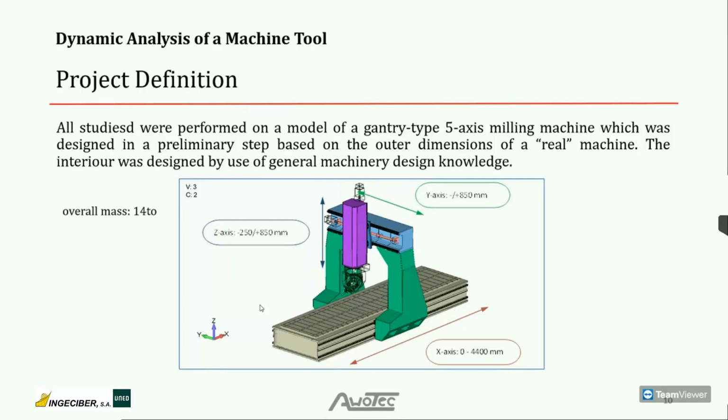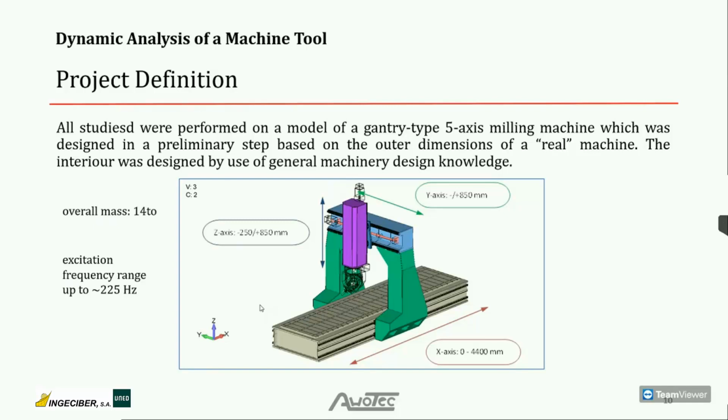The overall mass, so you can imagine the size of this machine, is about 14 tons, so it's quite a large structure. And the excitation frequency range of interest was estimated to be up to about 225 Hertz.